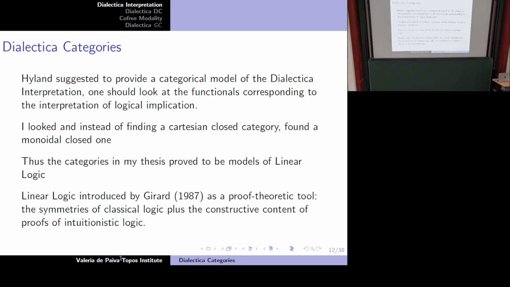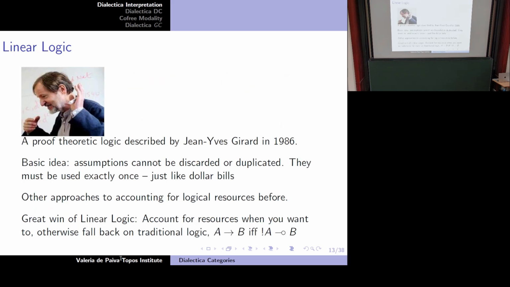And that was very good, because this was a long time ago, and at that stage linear logic was not as important as it is now. So it was very good for Girard to say that Gödel had thought of something that could be construed as linear logic, and it was very good for me because I was one of the first people doing models of linear logic. And my models are particularly nice, as you're going to see in a minute.